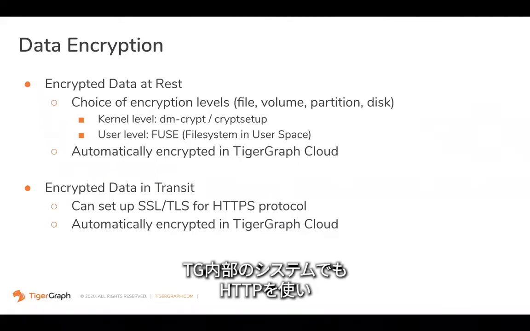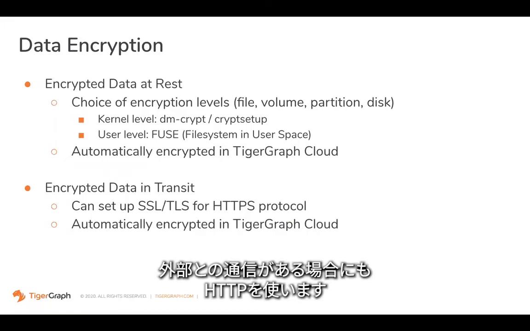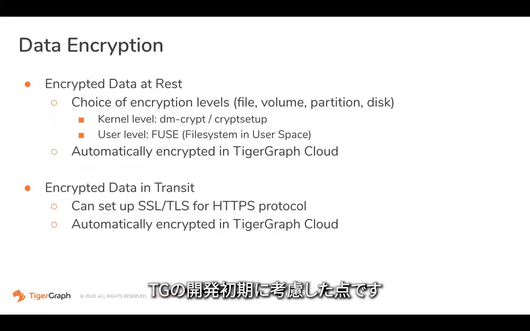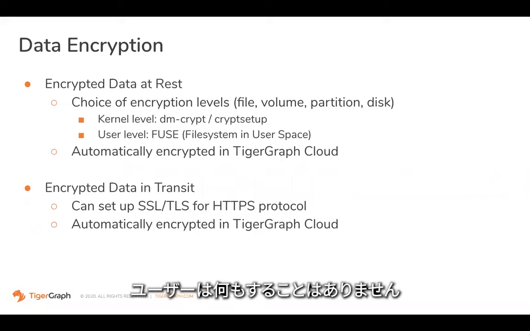So even within our own system internally, we're using HTTP as well as for possible external communication. This is something that we've thought about early on, so it's fairly straightforward. And it's also automatically encrypted in TigerGraph Cloud, so nothing for you to do there.